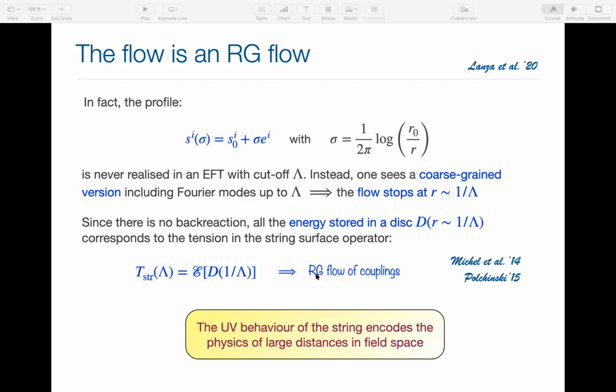So what you get out of this observation is that the interesting behavior for the Swampland distance conjecture is the behavior that appears at very small disk, because this is when you approach the infinite distance. And in terms of RG flow, it is the behavior that appears in the ultraviolet, very close to the EFT cutoff. The higher you go, the closer you are describing the physics of large distances. Okay.